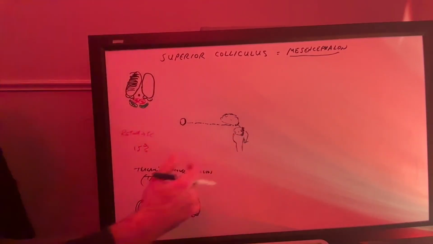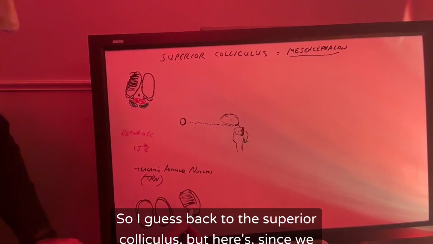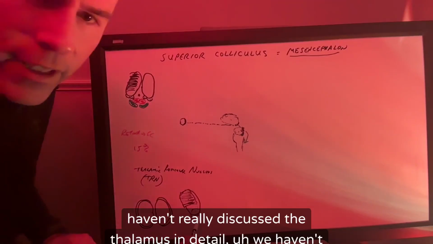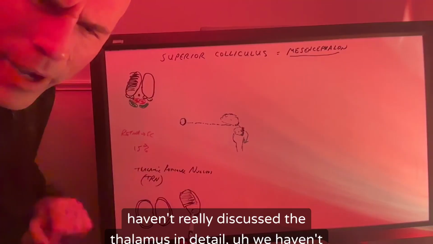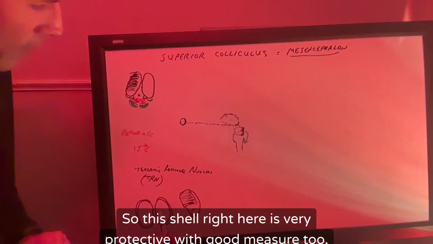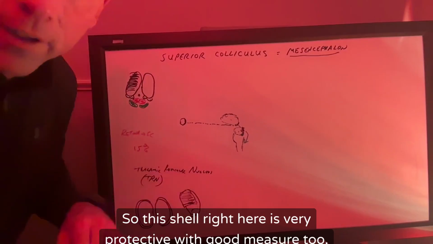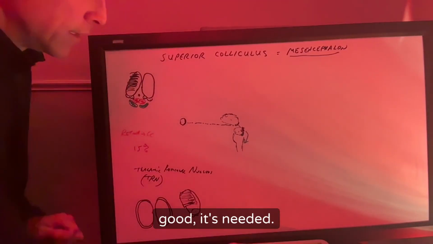Okay, so I guess back to the superior colliculus, but since we haven't really visualized the thalamus in detail, this shell right here is very protective, with good measure too. It's needed.